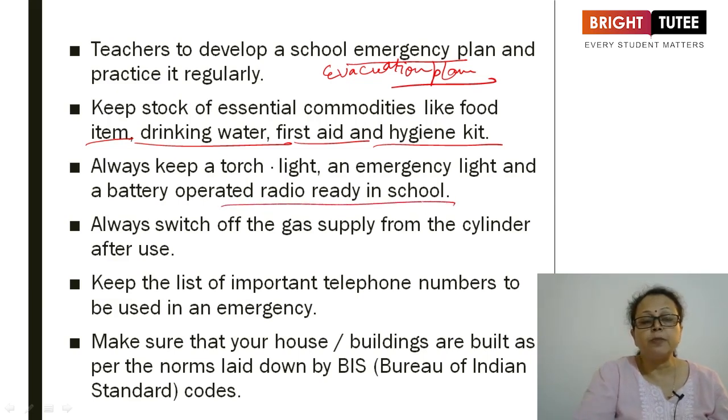During the earthquake, a sudden electricity cut or power cutoff is also there. So how to manage and control the number of children on the different floors? The battery operated radio can be used for the announcement of where they have to assemble.